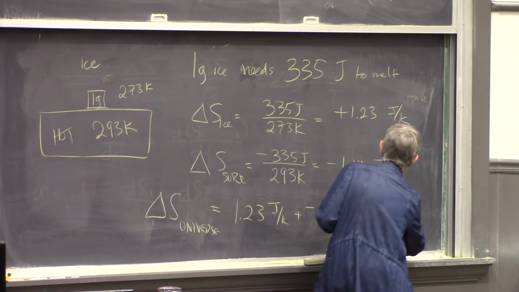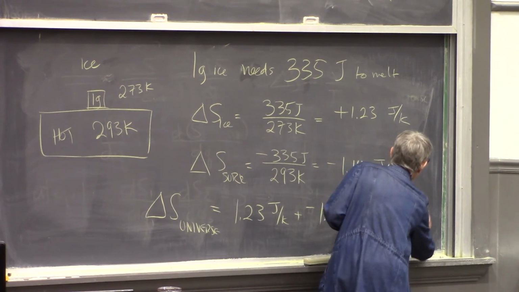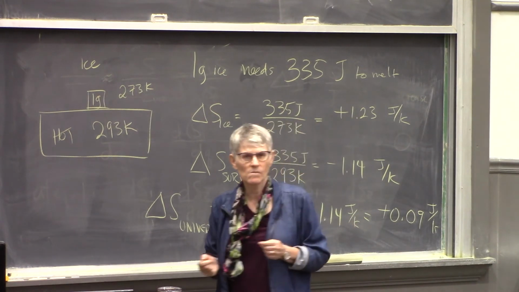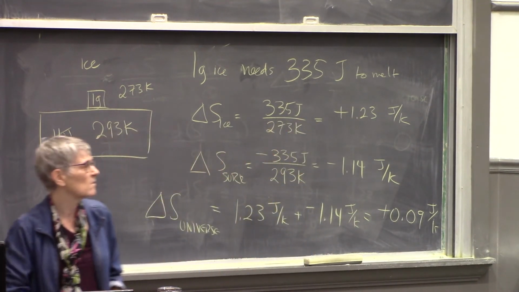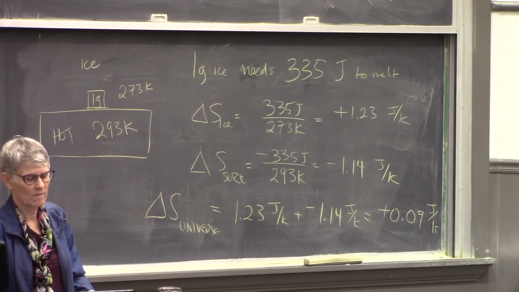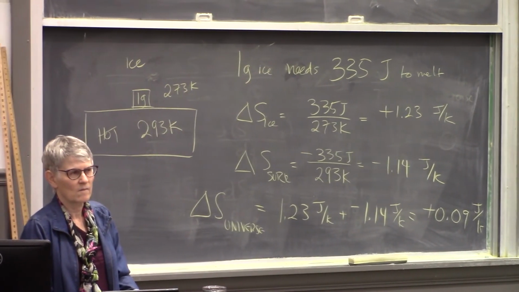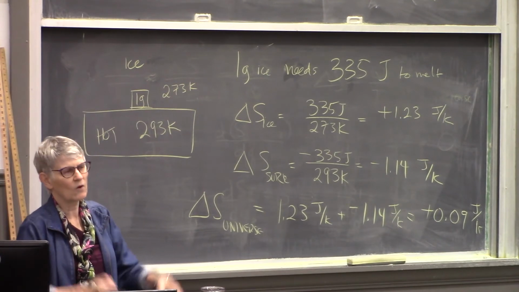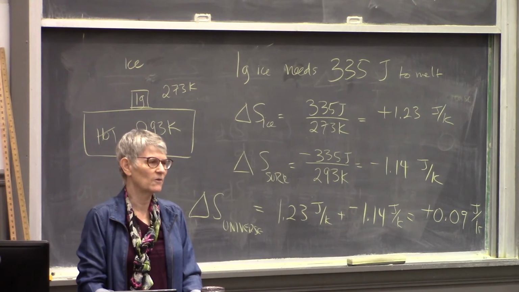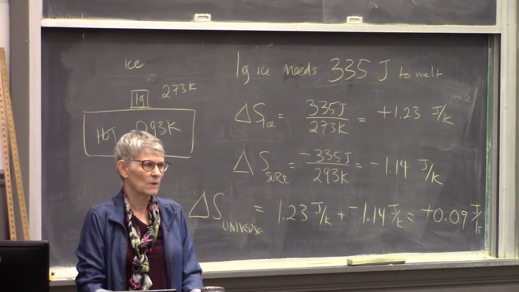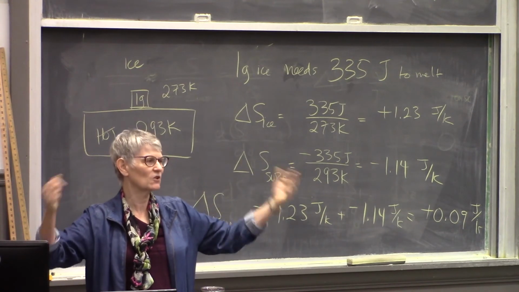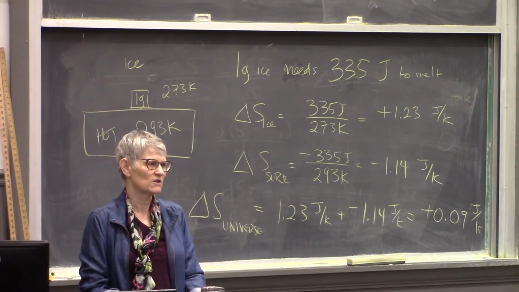It's plus 0.09 joules per Kelvin. So you're right, the entropy of one object did go down, but the entropy of the other object went up enough that the entropy of the universe actually increased in this process.